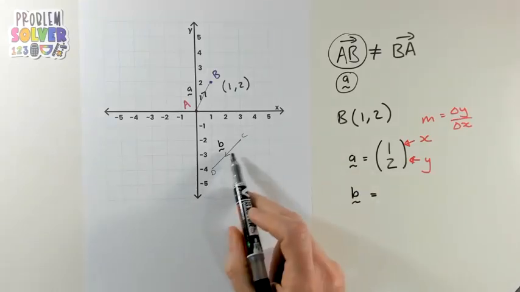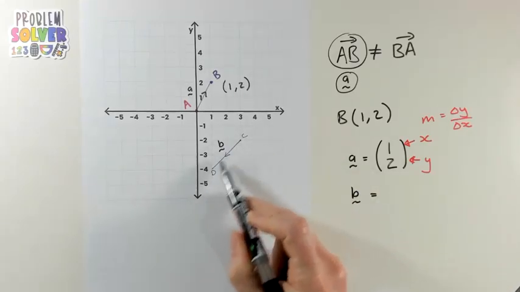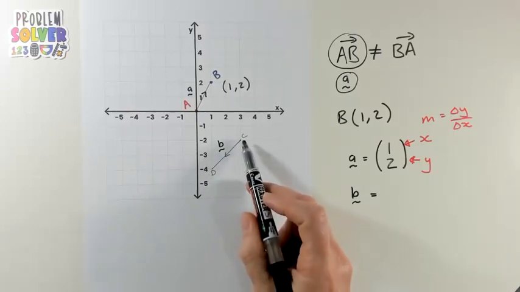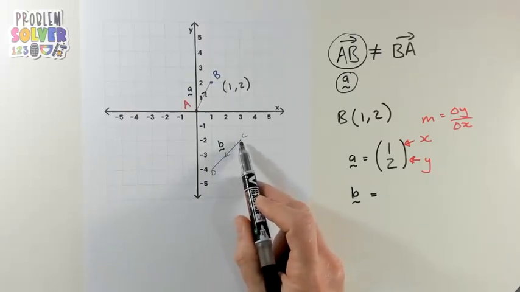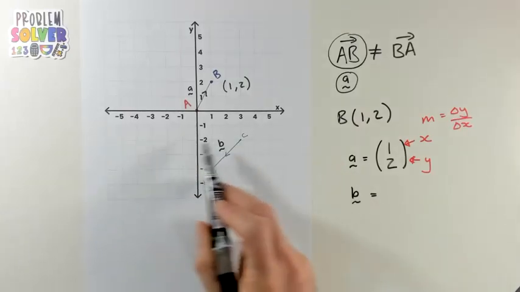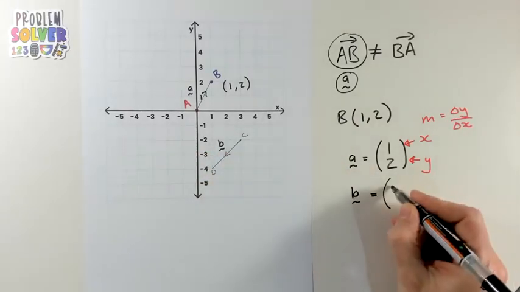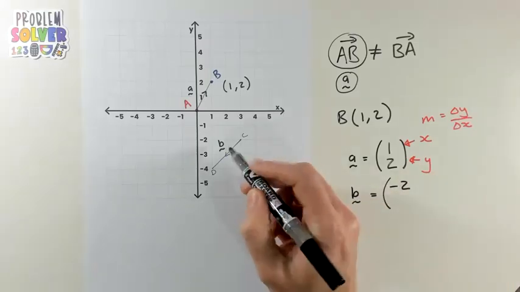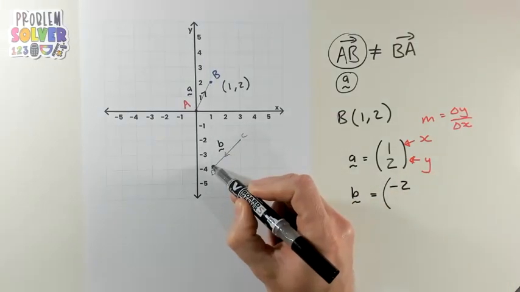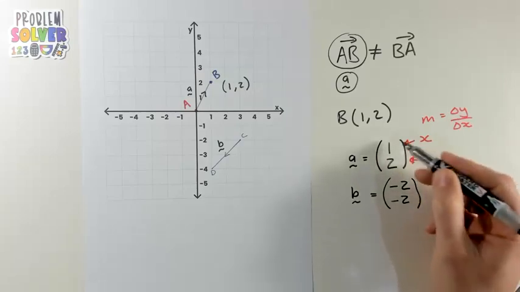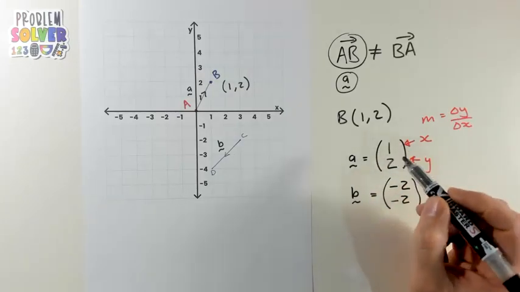So b is in the direction from C to D. The direction is very important here. From C to D, how many units did I move in the x direction? I moved 2 backwards, so that's -2, and then I move 2 down, so that's -2. So this is just a way of writing these vectors.